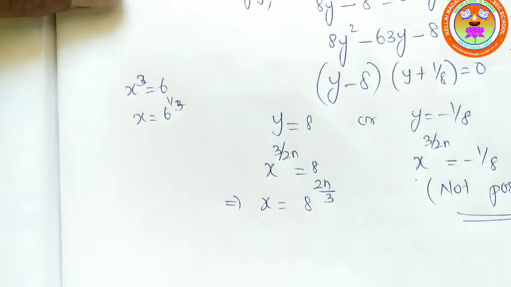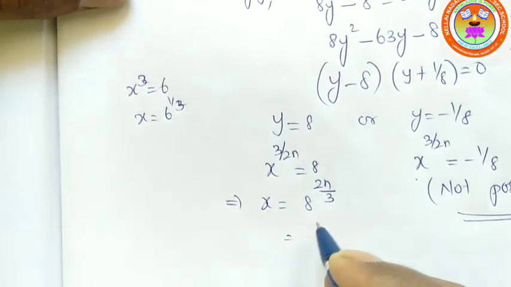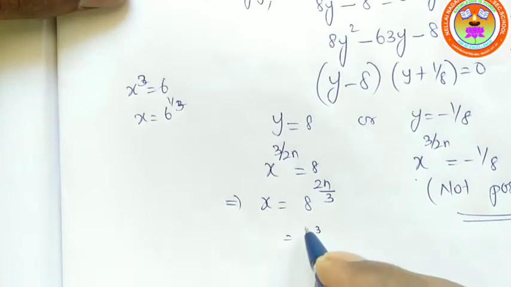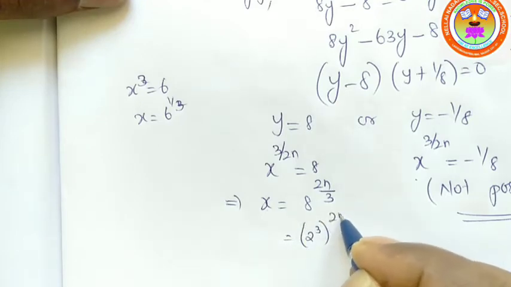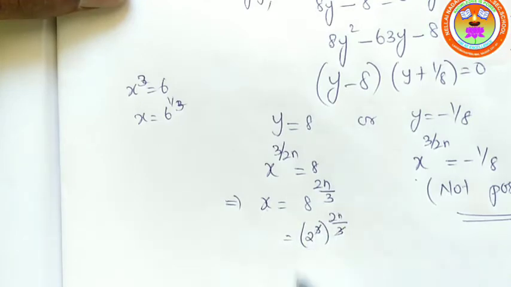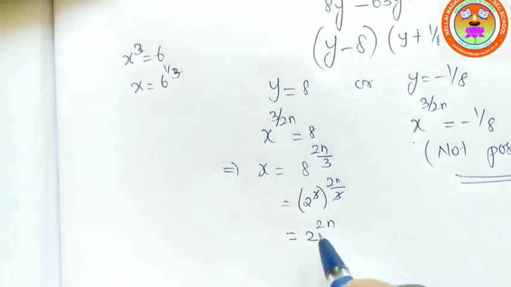Okay? Now, this 8 can be written as 2 cube, the whole power 2n by 3. This 3 and this 3 getting cancelled. So we will get 2 power 2n. It is in the form a power mn, so we can write a power m, the whole power n. m means here 2, right?